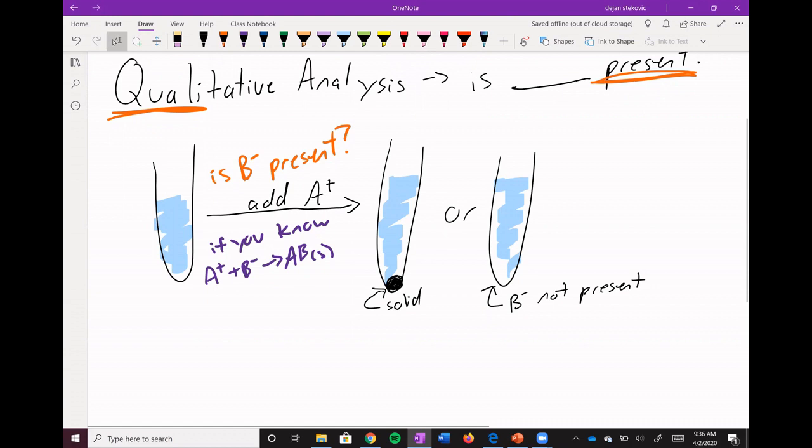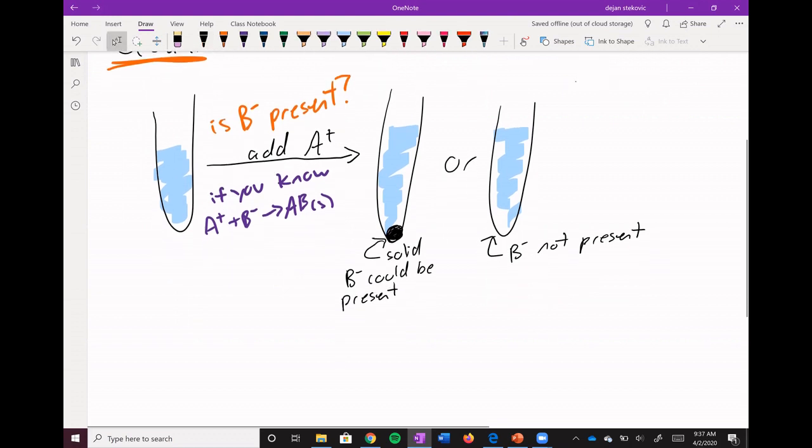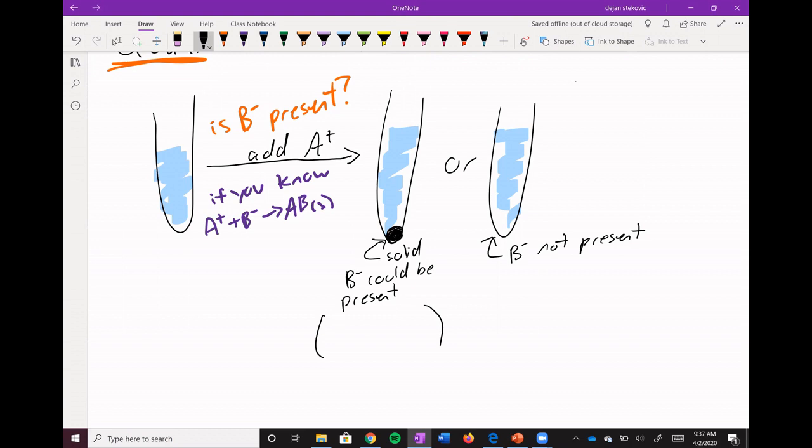And if there is a solid, then B minus could be present. But you don't know that for sure, right? You just see a solid, but you don't know exactly what it is. So maybe it is B minus, or maybe it's something else that's forming a solid.